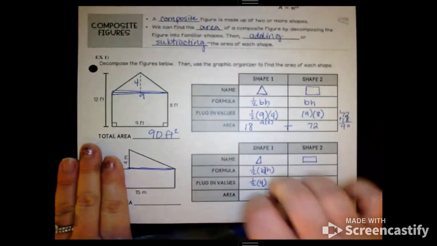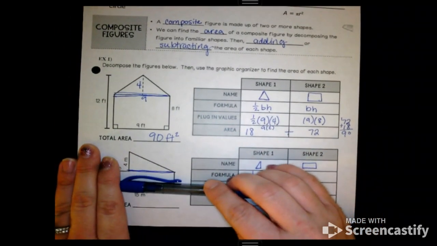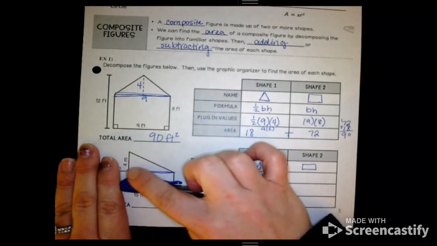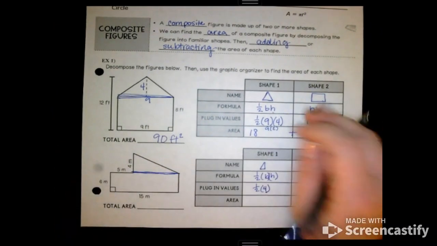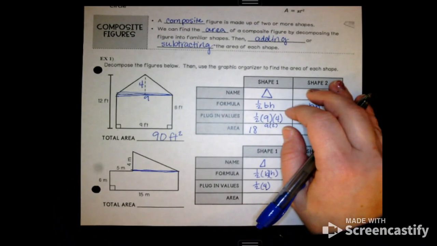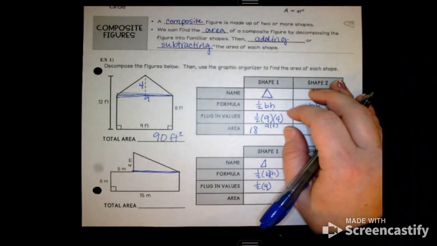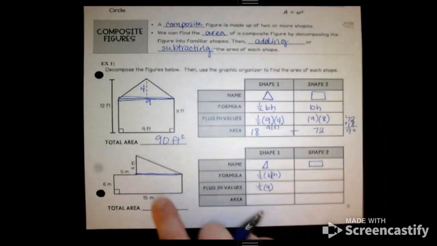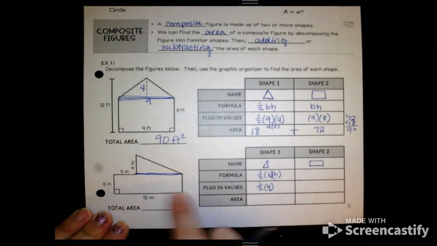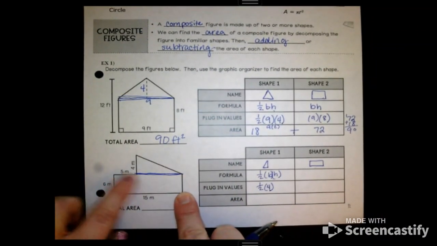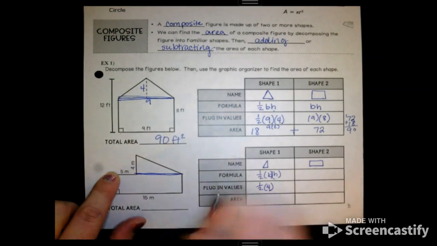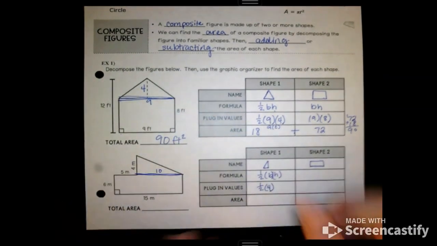So if I'm just looking at the triangle, I'm just looking at this shape. How would I find this length right here? No. 15 minus 5. Yes, Hattie. 15, because that's the whole entire length. Here is 5. So I have to subtract. So this is 10.